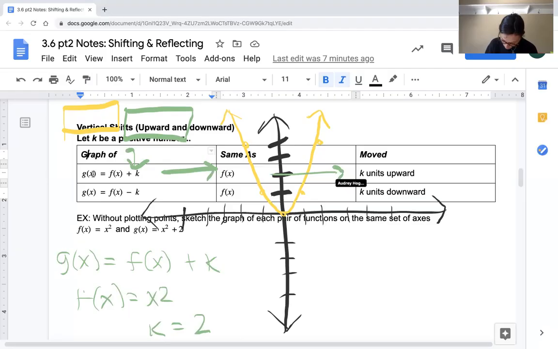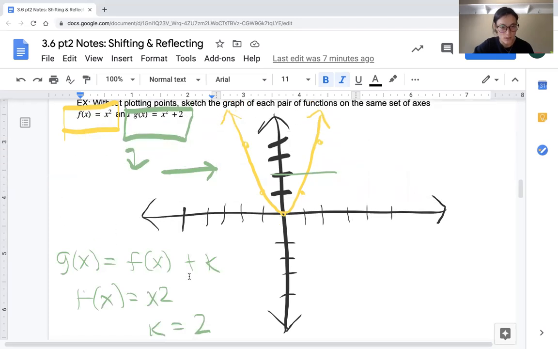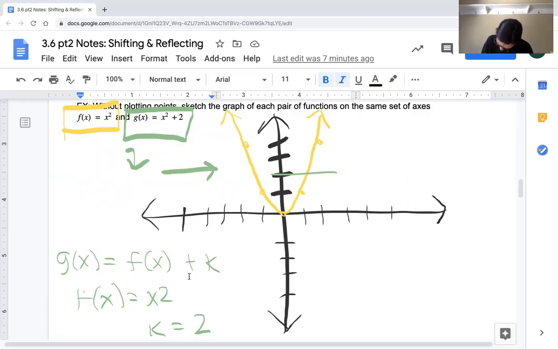Well, okay, we know that, oops, didn't mean to do that. We know that our graph is x squared, and we know that our k is 2. And so let me rearrange that, and let me go ahead and try to erase those arrows that I drew.